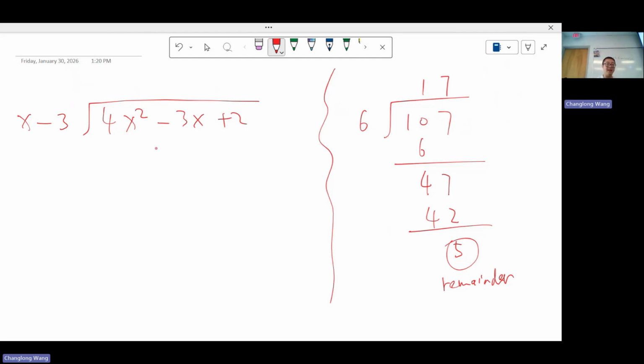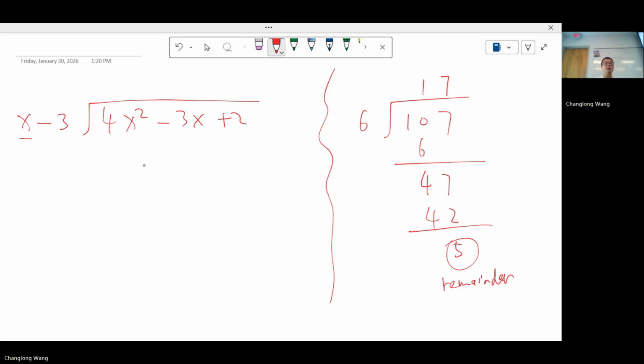So now let's do the same exact thing, but now you have to be open to polynomials. You also go by terms, not digits. So there are 3 terms starting from the first term. And here's the weird part. You don't divide the first term 4x squared by the entire divisor. You only go by the leading term in the divisor. So it'll be 4x squared divided by x.